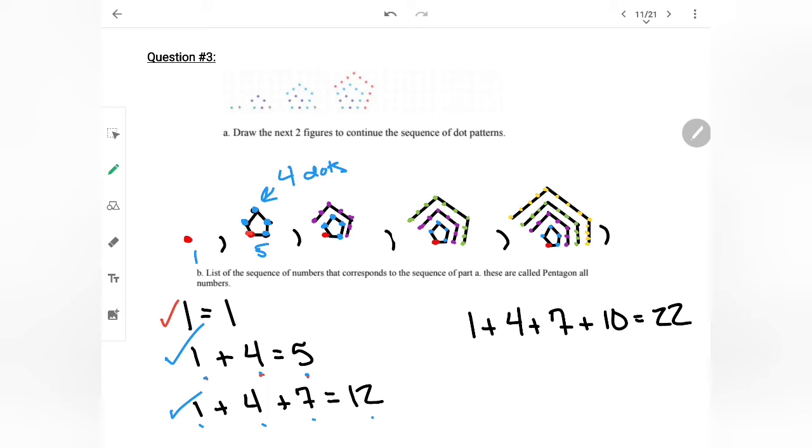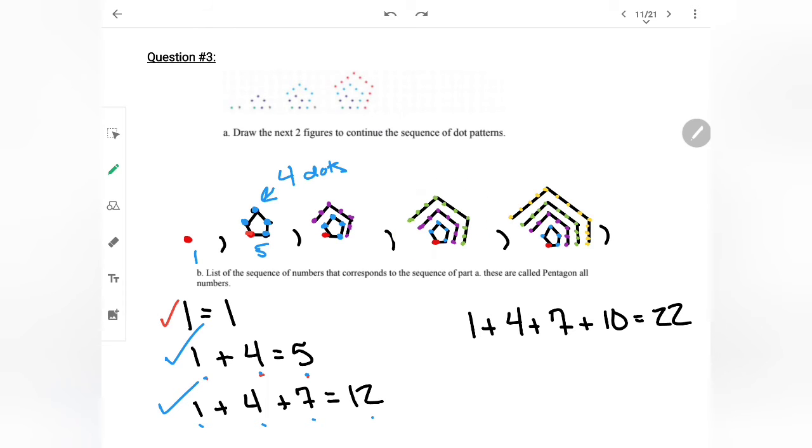And then if we just look at our fourth figure, let me see, we have 1, 2, 3, 4, 5, 6, 7, 8, 9, 10, 11, 12, 13. Oh, I'm sorry about that. That's the wrong figure. We're looking at the fourth figure now, which is going to be this guy right here.